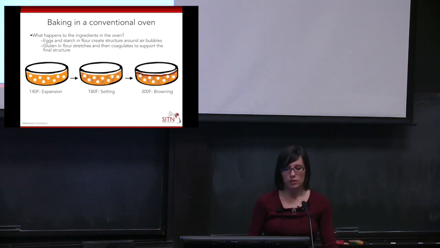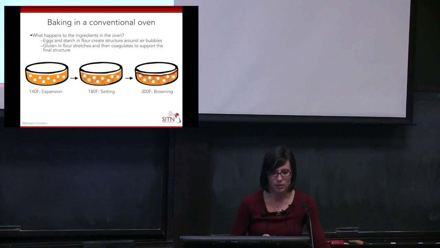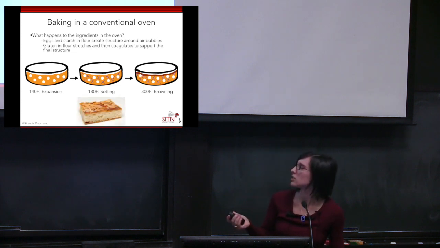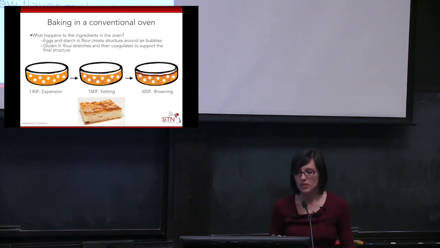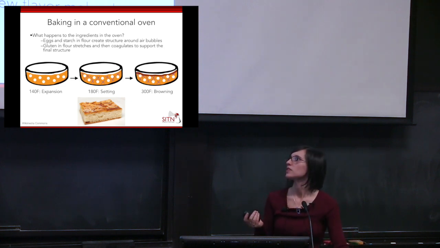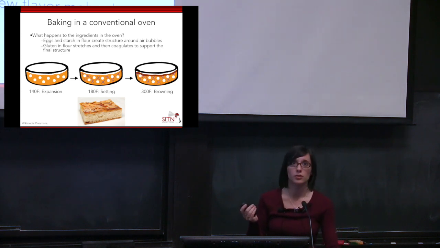And this only occurs at very high temperatures due to specific reactions. Here, as an example, you can see you get air introduced and you get this nice browning on the top. This browning is formed from a reaction called the Maillard reaction. This is a specific chemical reaction that occurs only at high temperatures, so at least 300 degrees Fahrenheit.